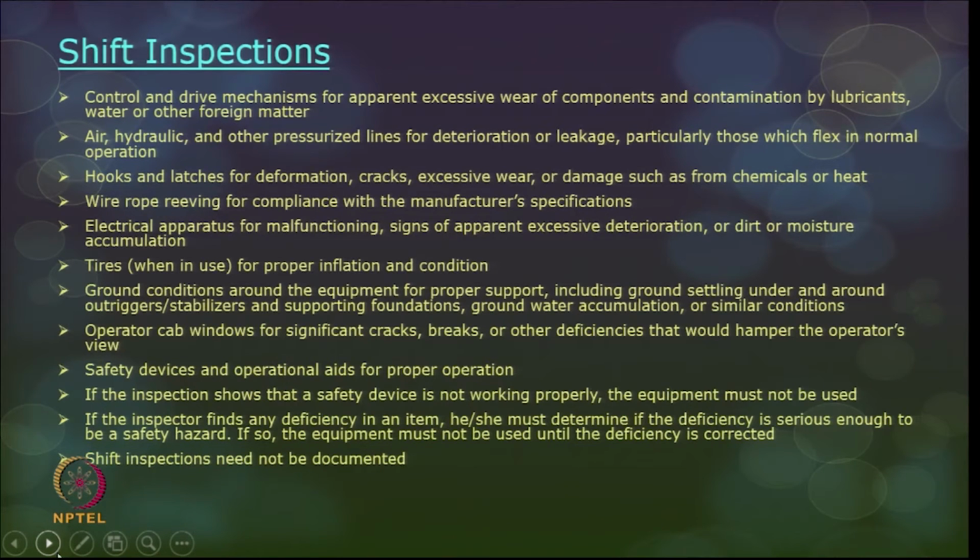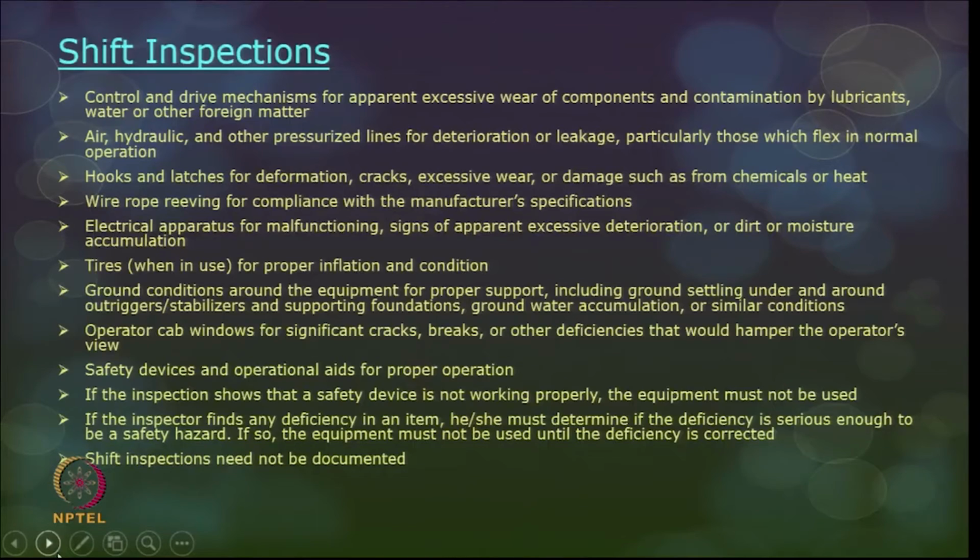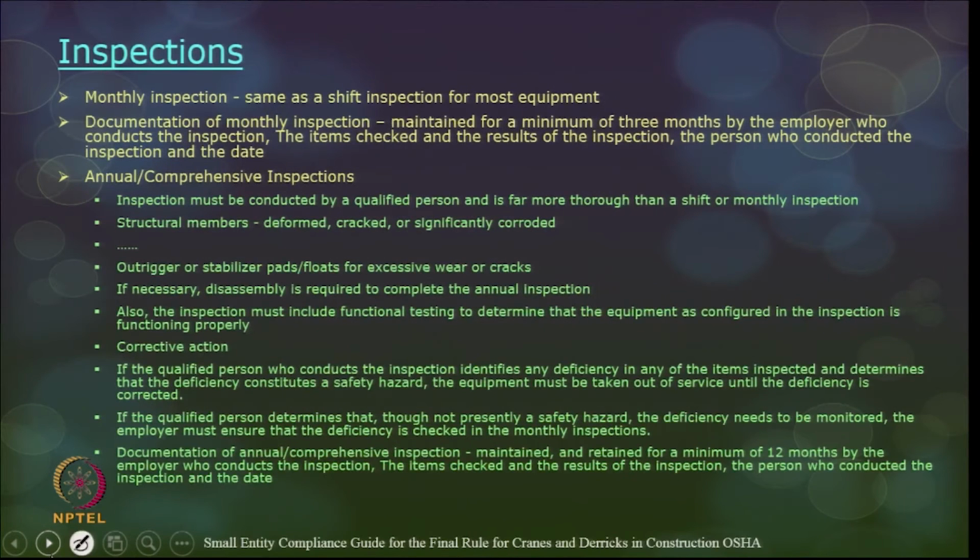Safety devices and operational aids also have to be checked. There are a lot of safety devices and operational aids inside the crane which have to be checked based on the criteria given by the manufacturer. If the inspection shows a safety device is not working properly, then that equipment should not be used unless it is repaired. Shift inspections generally are not documented.